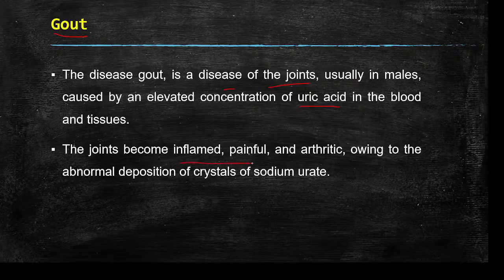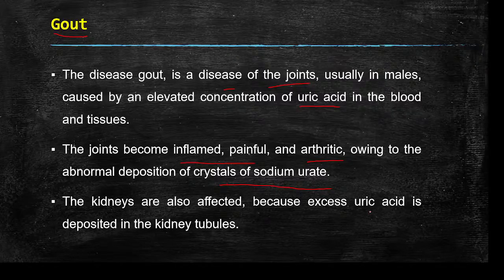So the joints will be very painful and inflamed. You can see the inflammation of joints and arthritis owing to the abnormal deposition of crystals of sodium urate. Sodium urate crystals will deposit in the joints. Due to that, it will be very painful and inflammation of joints is observed. So that is an arthritic condition.